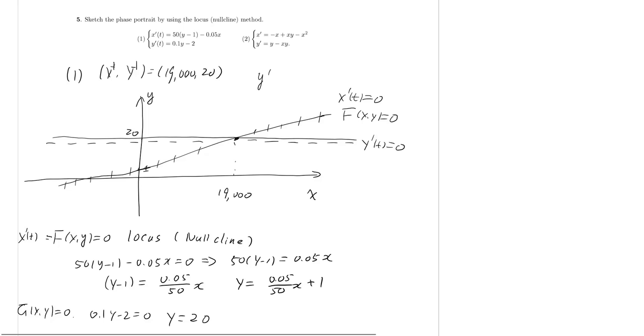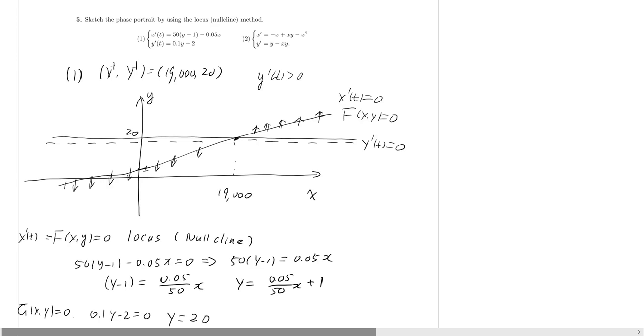So here y prime of t is positive, and beneath this line, y prime of t is negative. That means we have arrows pointing upward because y is bigger than 20 and the derivative is bigger than 0. And beneath 20 it's going to be negative. So we added these arrows over there.